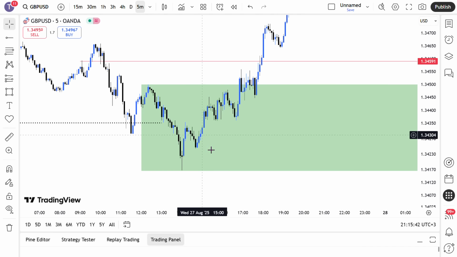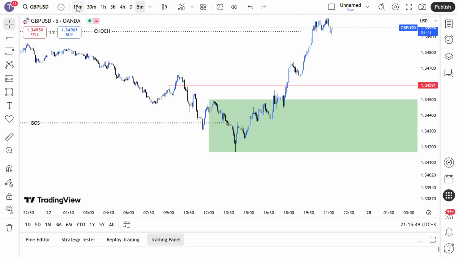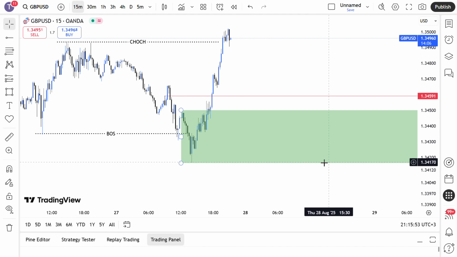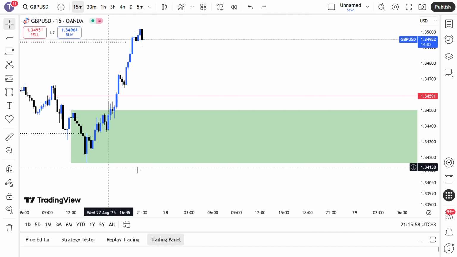I think that is the area that we'll be looking for a change of character, because this order block is too big, and I don't expect you to be placing orders above here and put the stop loss down here, because the stop loss will be too big.